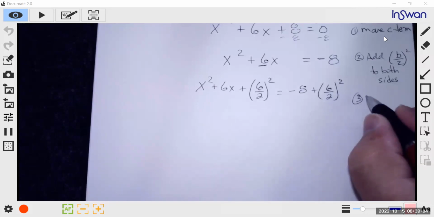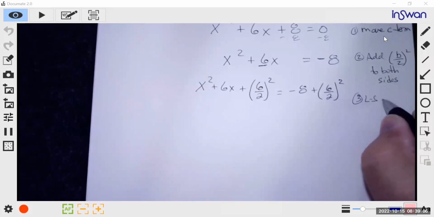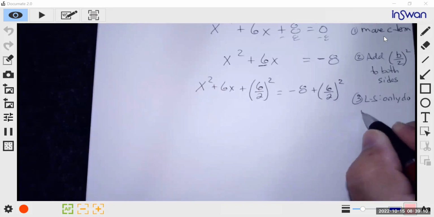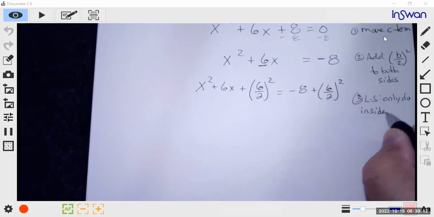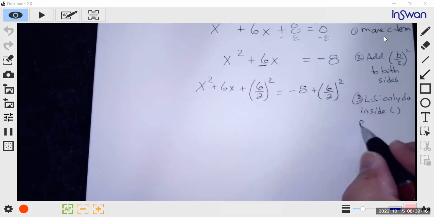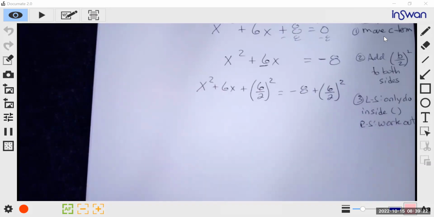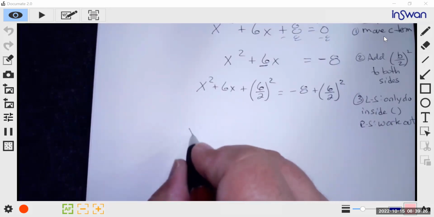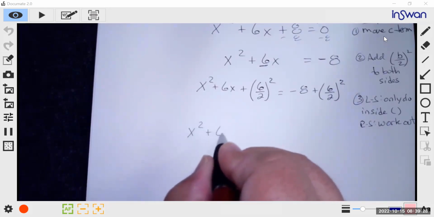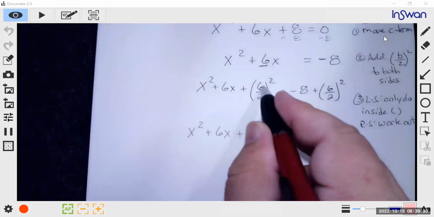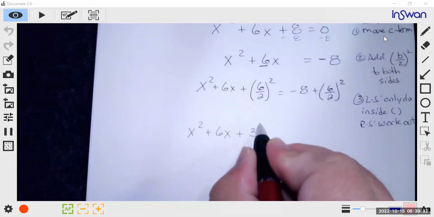Third step, left side, only do inside the parentheses. The right side, work it out totally. So inside the parentheses, 6 divided by 2 is 3 squared.